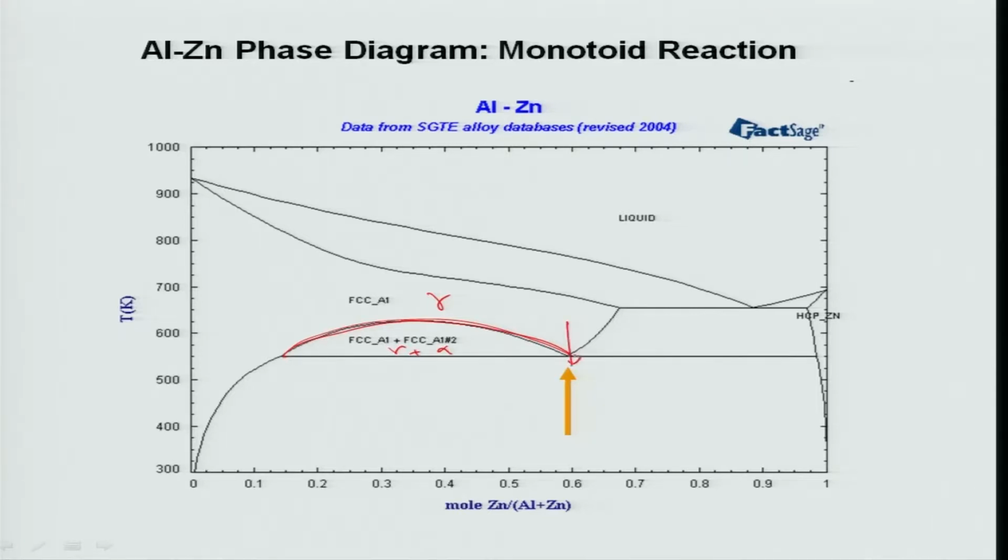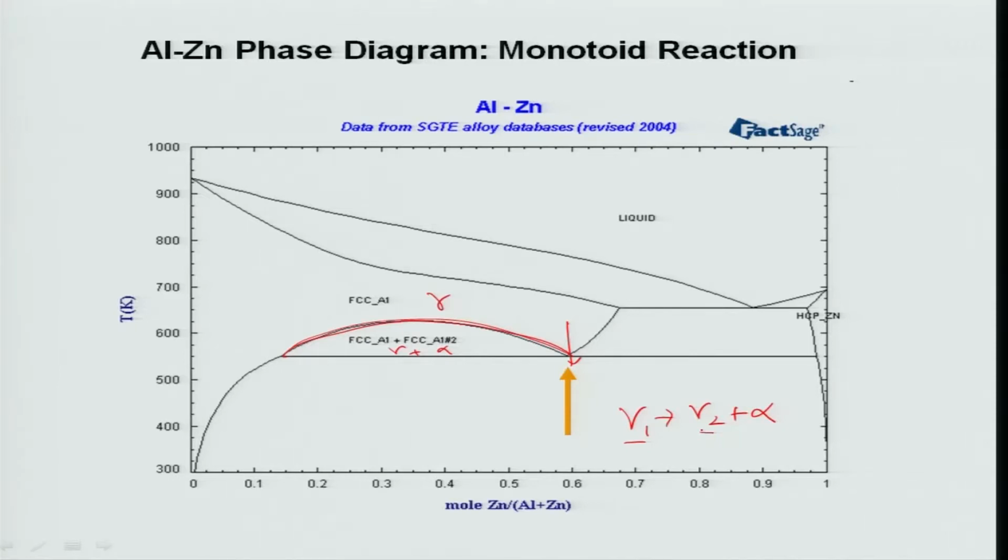This is the monotectoid reaction, where gamma 1 transforms to gamma 2 plus alpha. These two actually have the same crystal structure, but the compositions are different. That is how monotectoid reactions can be detected.